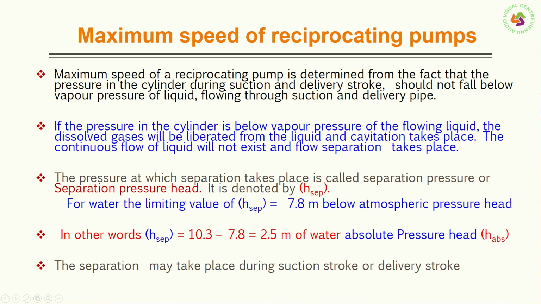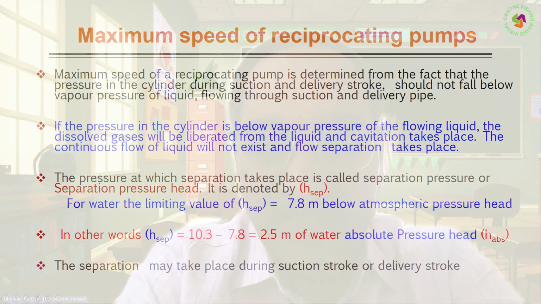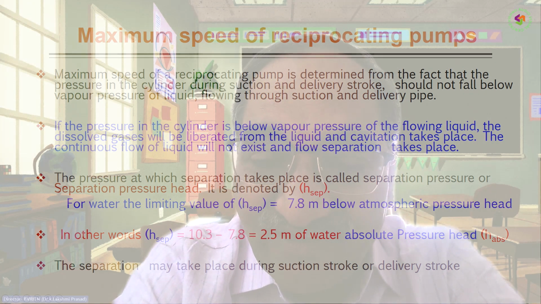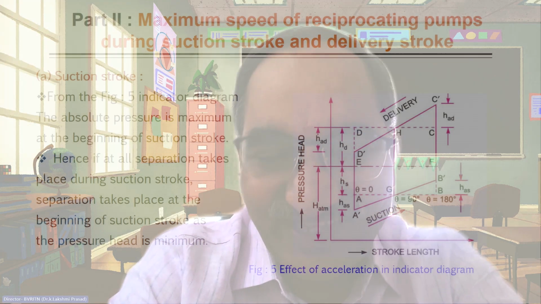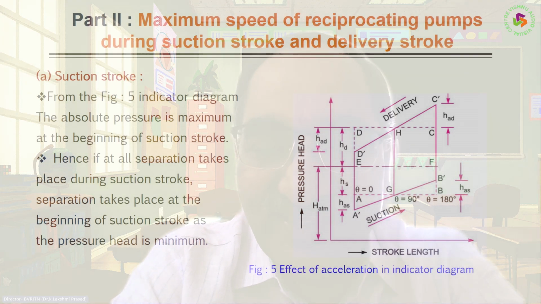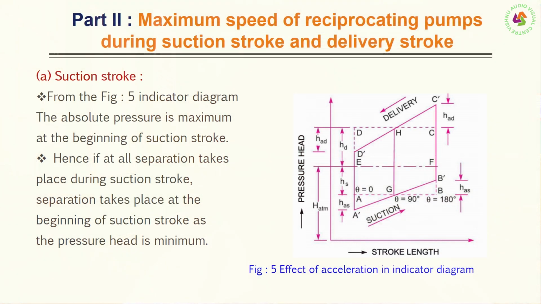In other words, if you take that liquid as water, the pressure head in the cylinder, either during suction stroke or delivery stroke, anytime, should not fall below the vapor pressure of the liquid, I say water, flowing in the suction pipe or delivery pipe. Because whatever flows in the suction pipe, that only will flow in the delivery pipe.